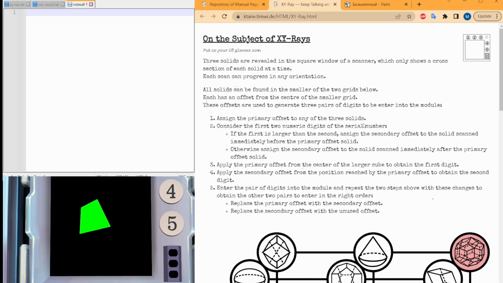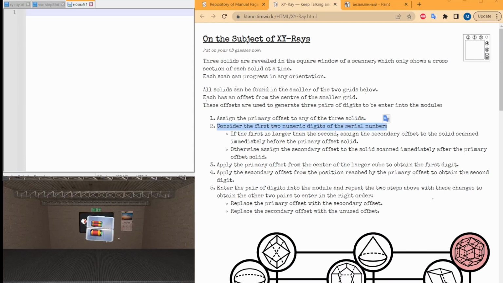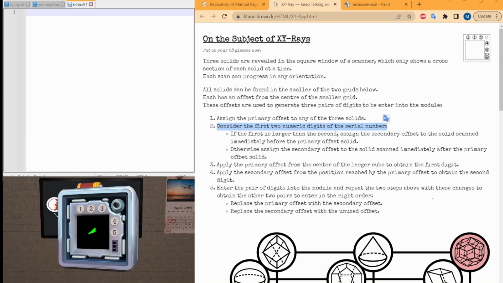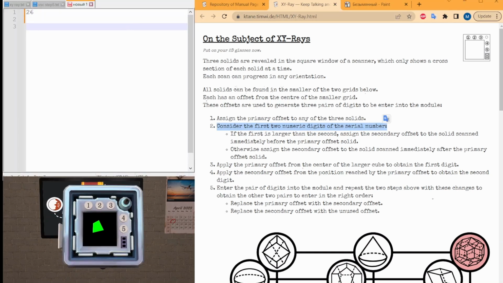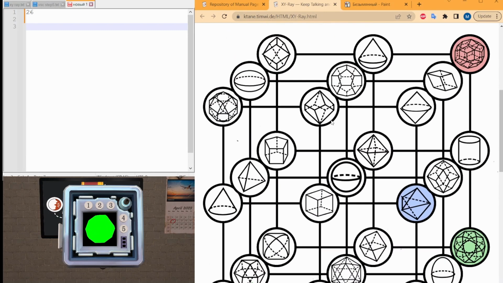So consider the first two numeric digits of the serial number. 26. Yep. If the first is larger than the second, assign the secondary offset to the solid scanned immediately before the primary offset solid. It's not. So otherwise assign the secondary offset to the solid scanned immediately after the primary offset solid.